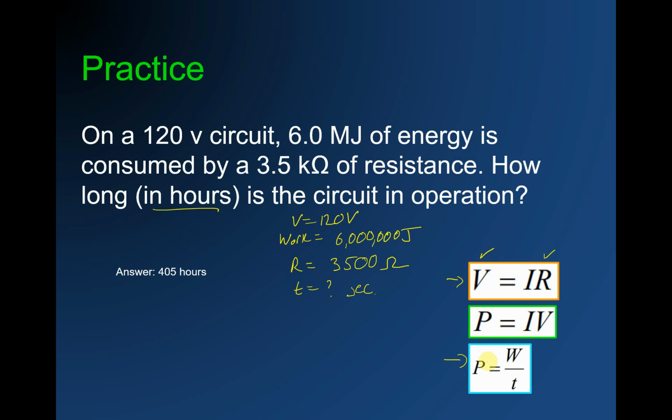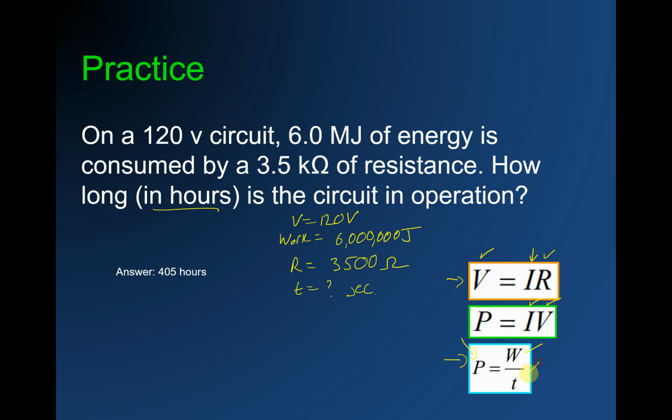And to solve this one, I know work, but I don't know power. So we could use these two values to solve for I. So I would have 120 volts, I'd have 3,500 ohms, solve for I. Now I know I, and I know volts, I could find power. And once I know power, I can plug it into this value here and solve for time.